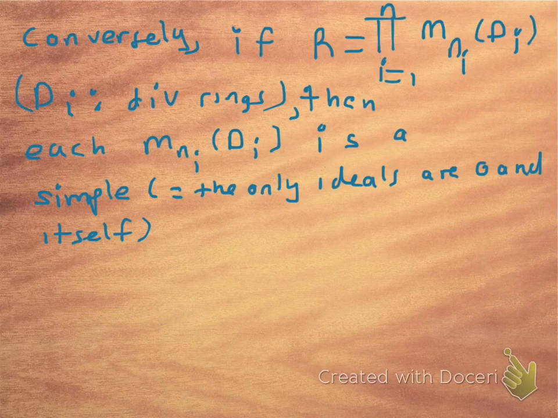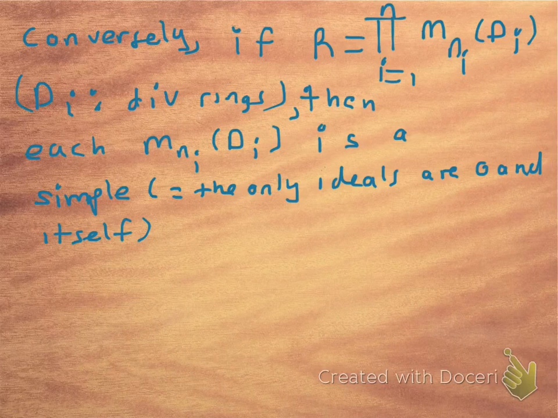First of all, each matrix ring in this product is a simple ring, which means the only two-sided ideals are 0 and the ring itself. And this is because the ideals of a matrix ring are known to be matrices over an ideal of the ring.